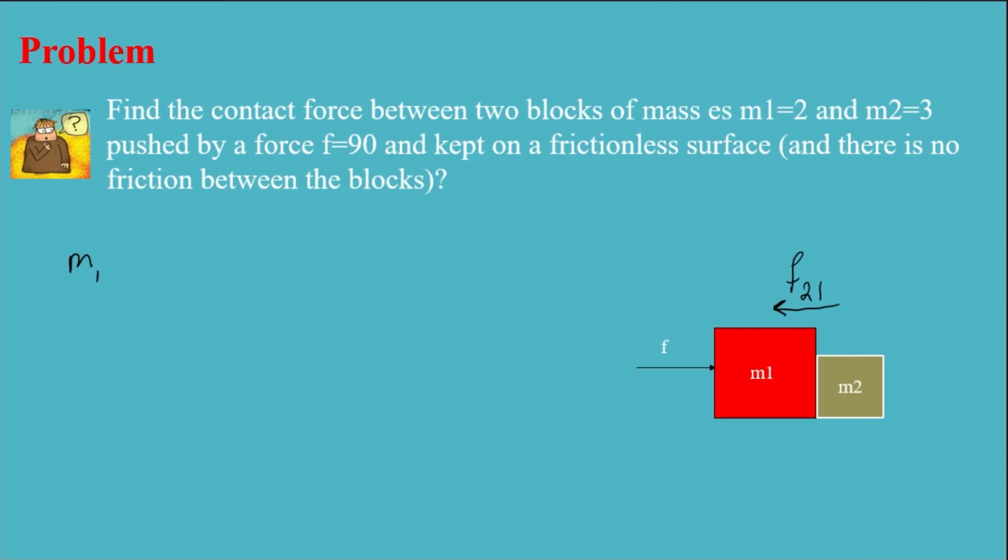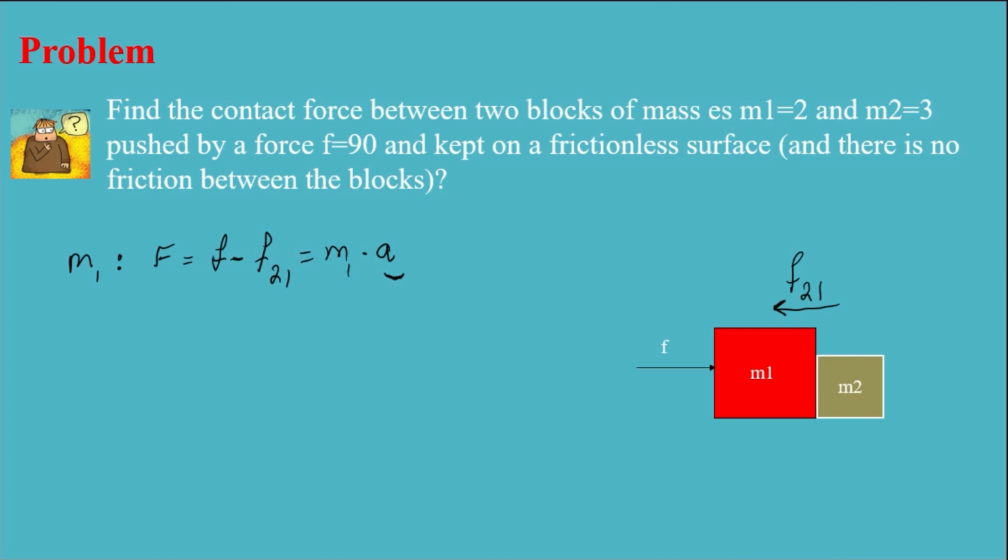So for m1, what I have is the total F just for m1 equal to little f minus F21 equal to m1 times acceleration, right? And this is going to be the total acceleration. Remember, if a box moves, it moves with the total acceleration, right?